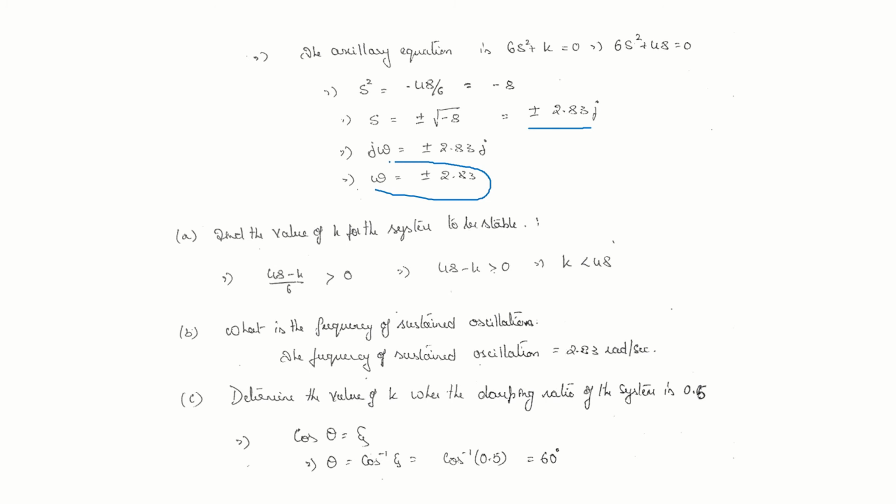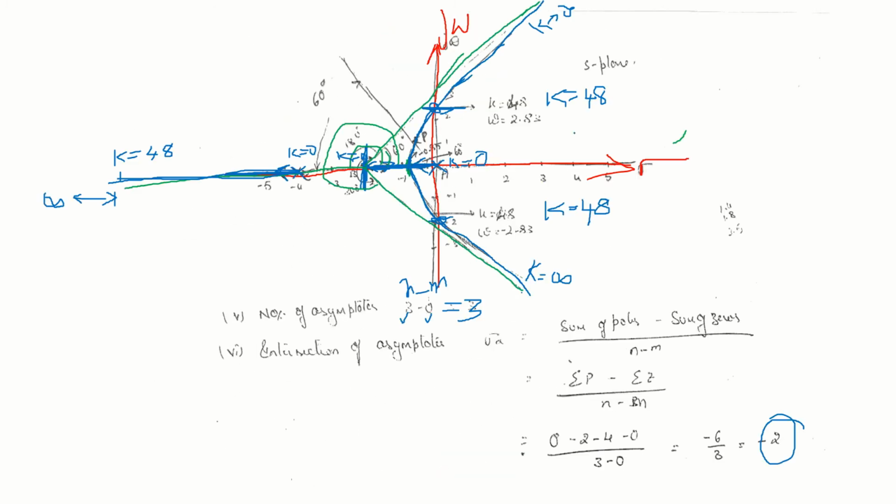Omega is 2.83 at this point. Correct? You can say it is the natural frequency. Of course, we know the damping in this case is 0.